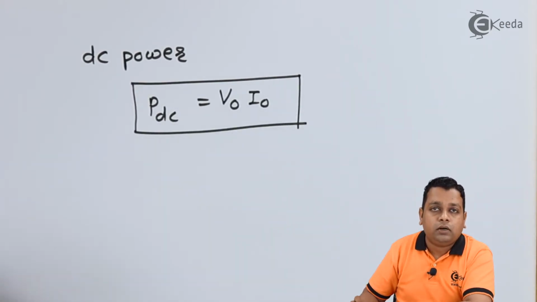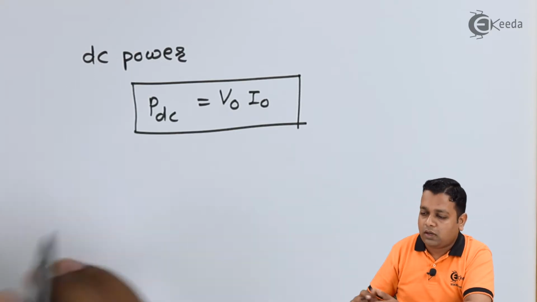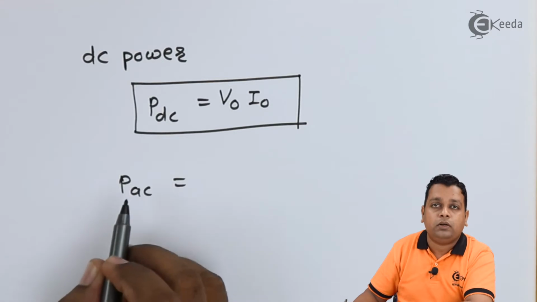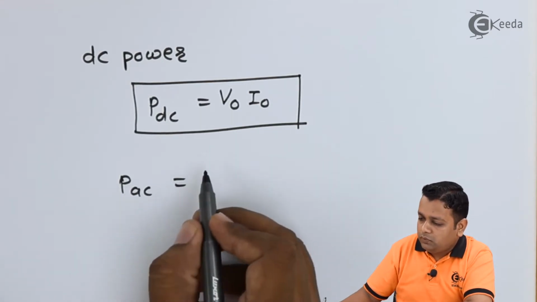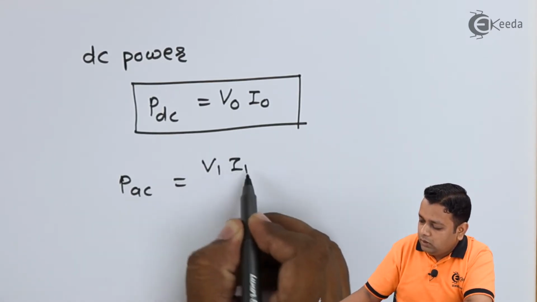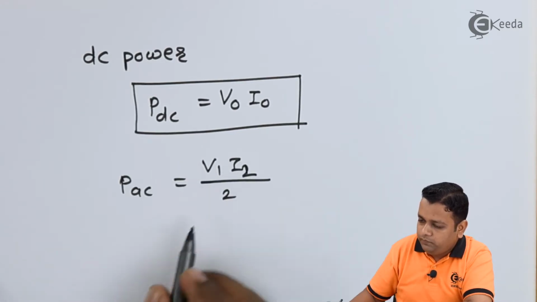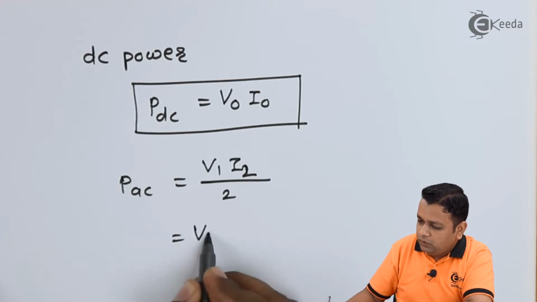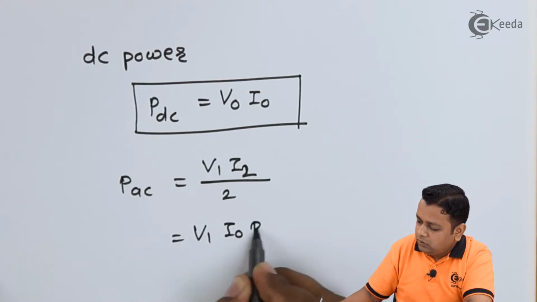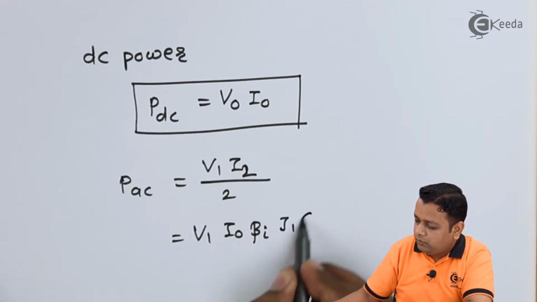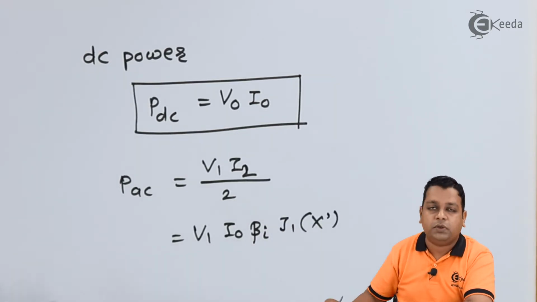Then the alternating power, P suffix AC, for the device is the power delivered to the load, and it will be V1 capital I2 divided by 2, which is V1 I0 capital beta suffix I into J1 of x dash, the bunching parameter.